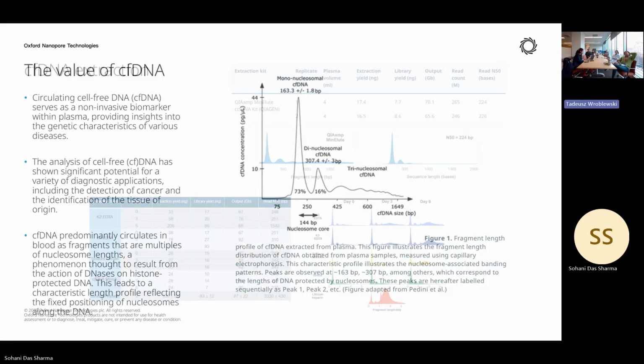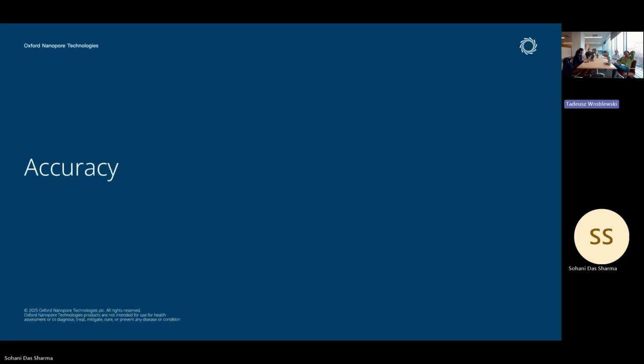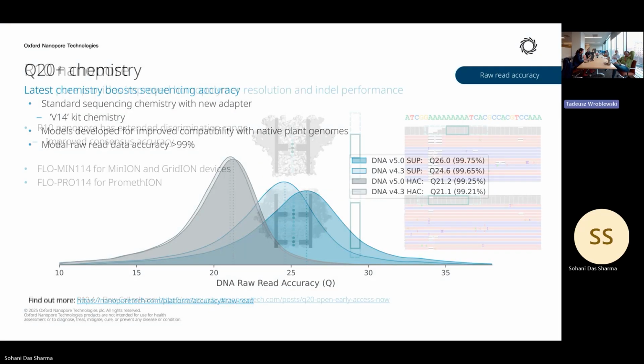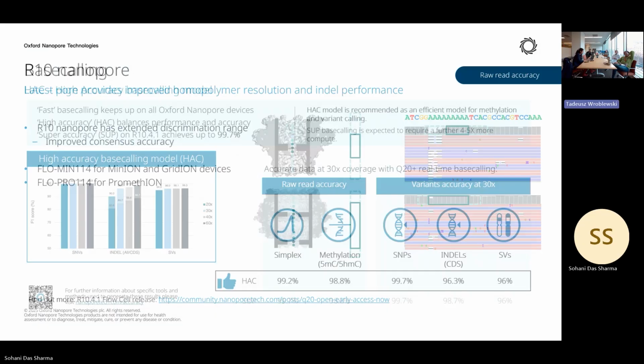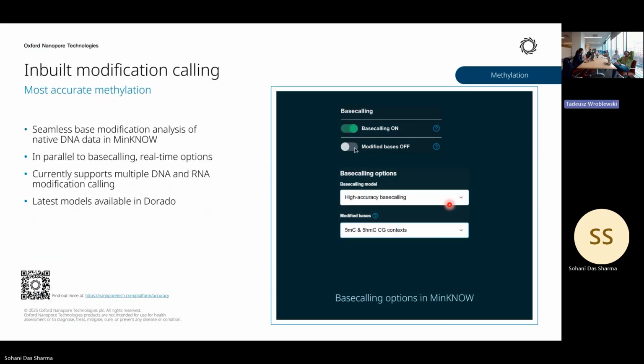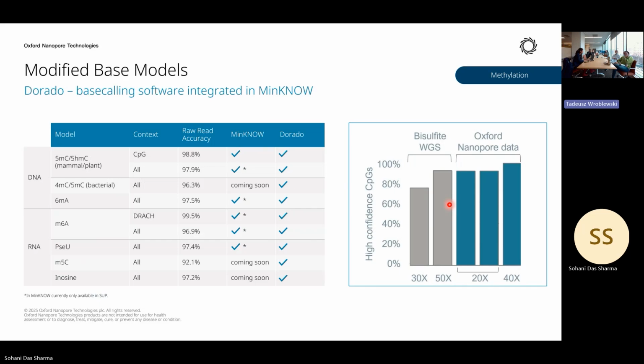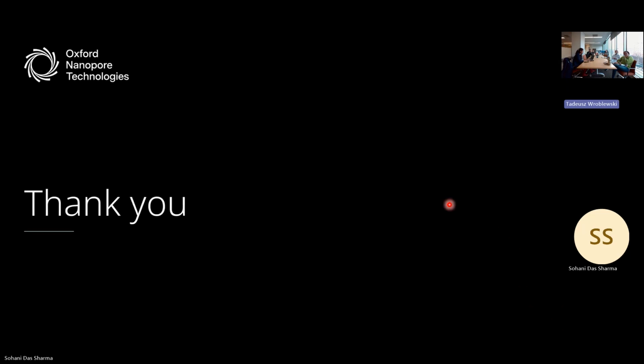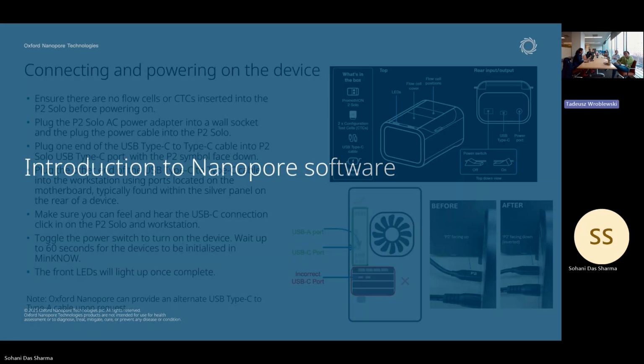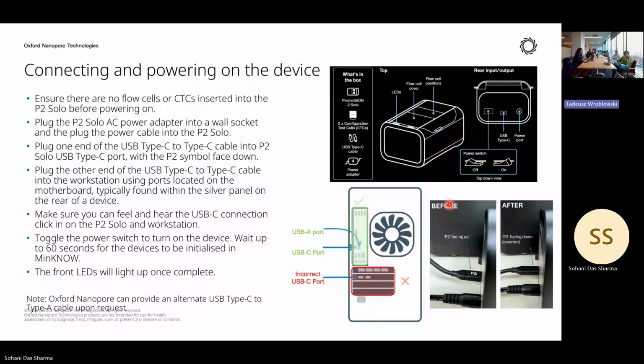Let me see if I have a MinION flow cell photo or image here. The way you prime the flow cell and load the sample is a little bit different, because the flow cell is completely different there.